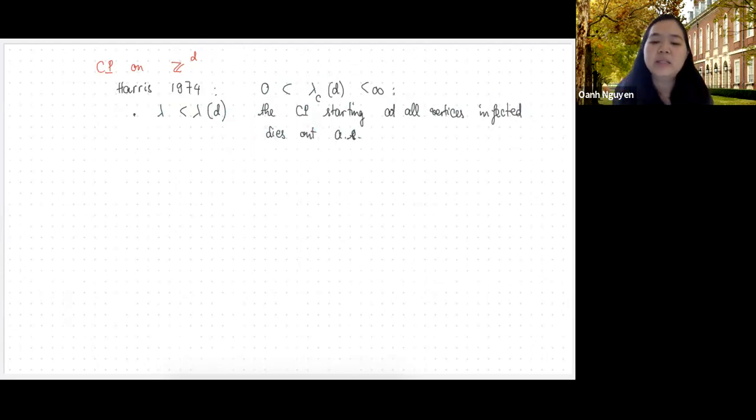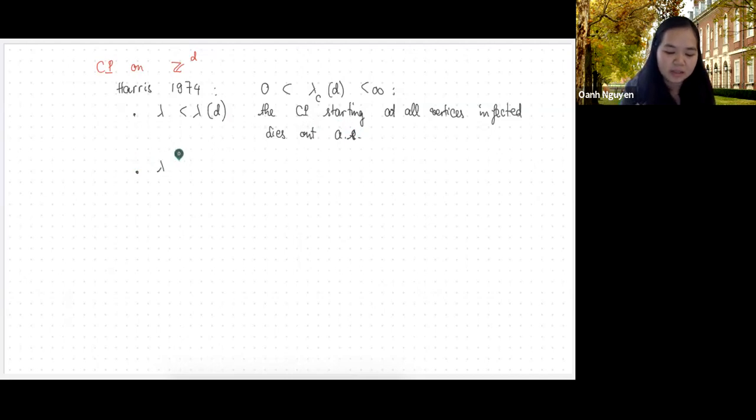Meaning with probability 1, at some point all the vertices will be healthy and C_t becomes empty. Once C_t is empty, no more vertices are infected and the process just stops.